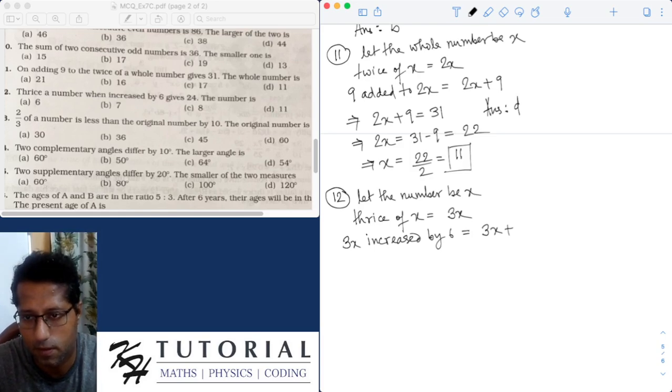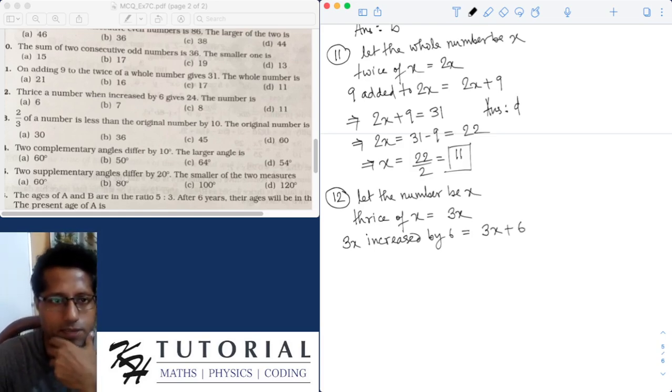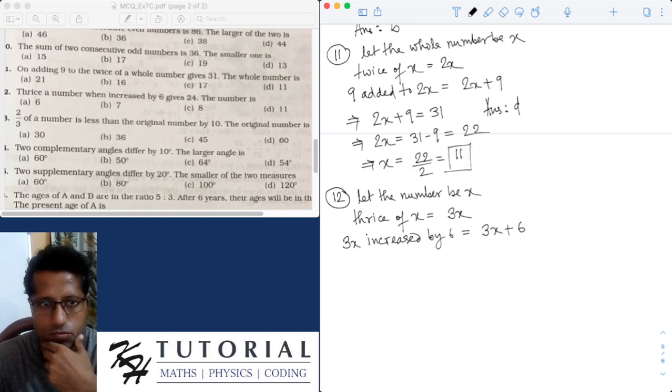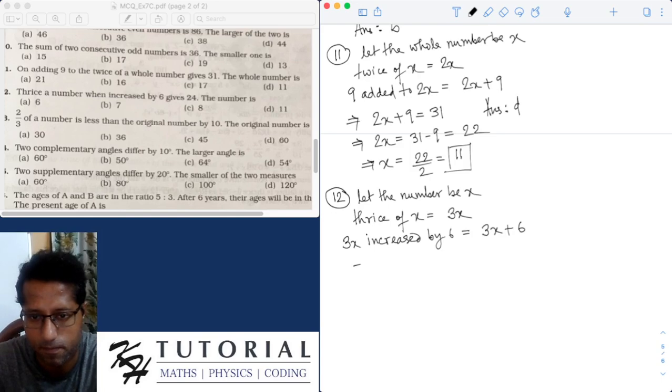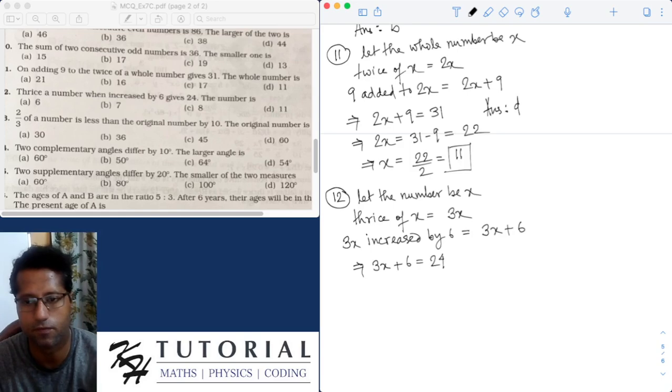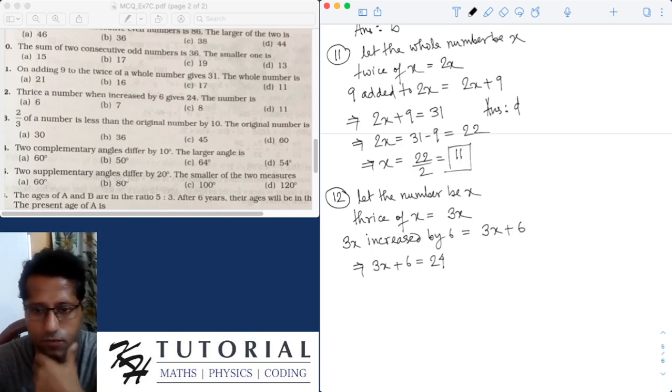So now the problem says that when we add 6 to thrice the number, it gives 24. So as per the problem statement, we can say that 3x plus 6 equals 24. So we have formed the linear equation. Now we have to solve it.